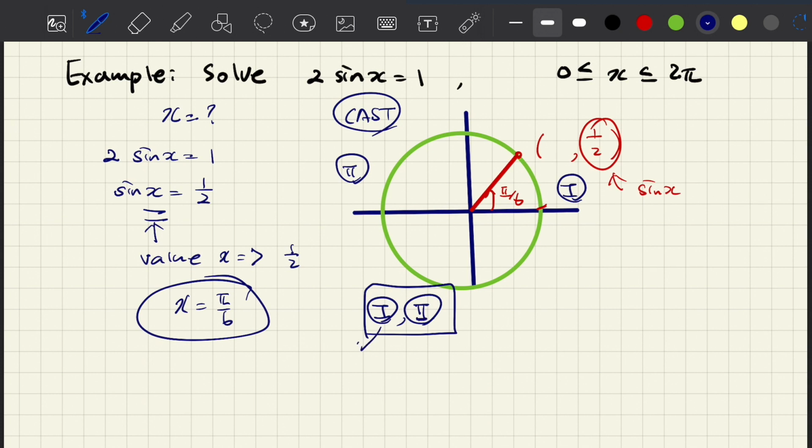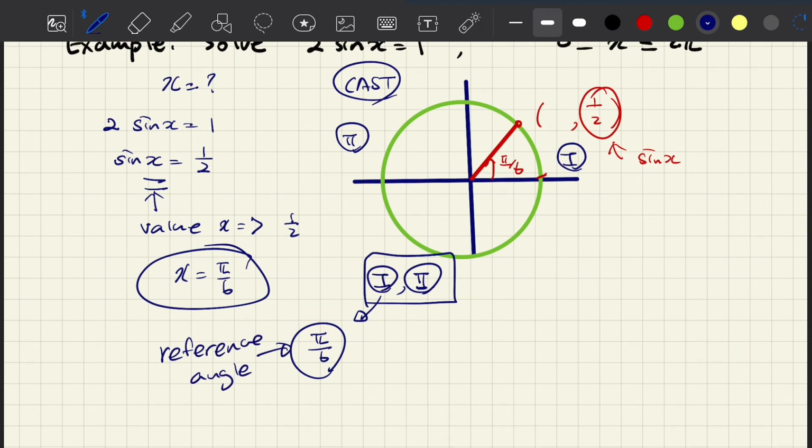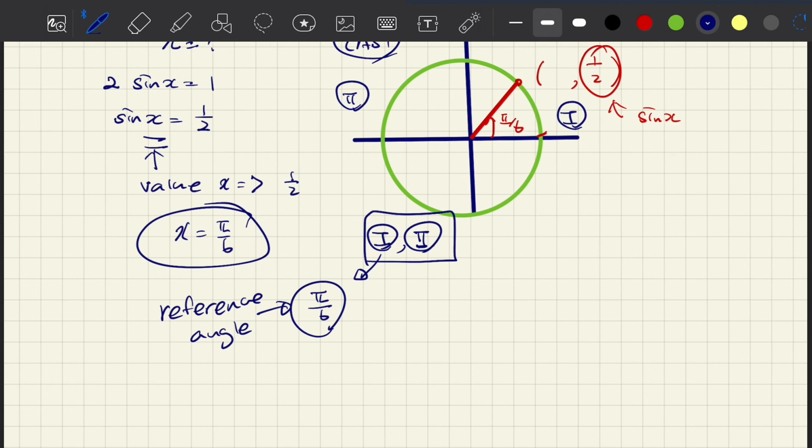And the angle that we found, pi over 6, is our reference angle. To find the angle in the second quadrant, we're going to use the reduction formula.